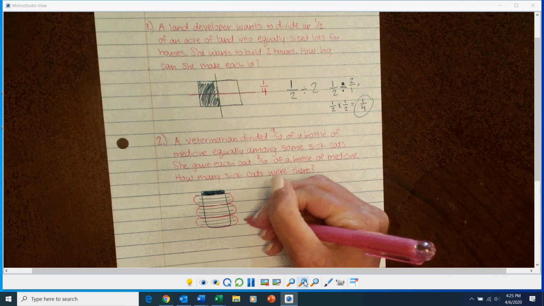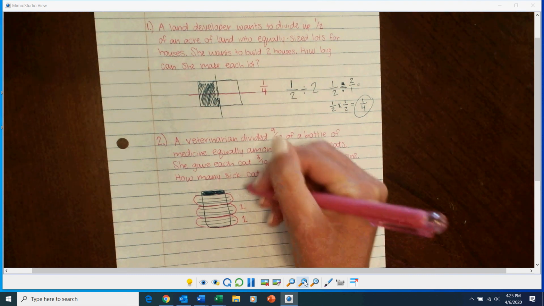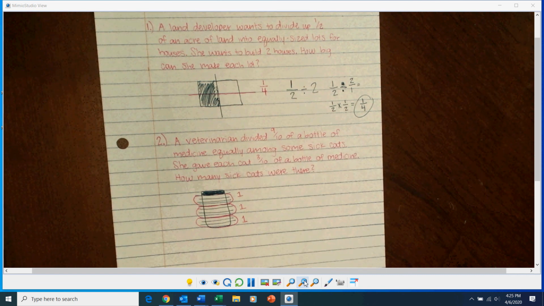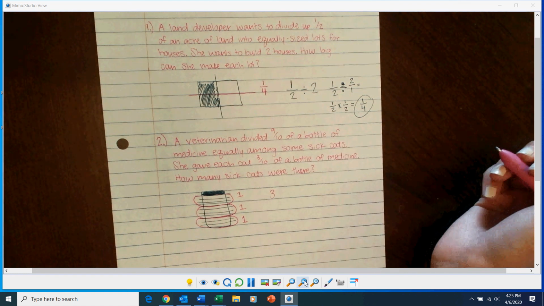So this represents 1 cat, this represents 1 cat, and this represents 1 cat. So how many sick cats were there? There were 3 sick cats.